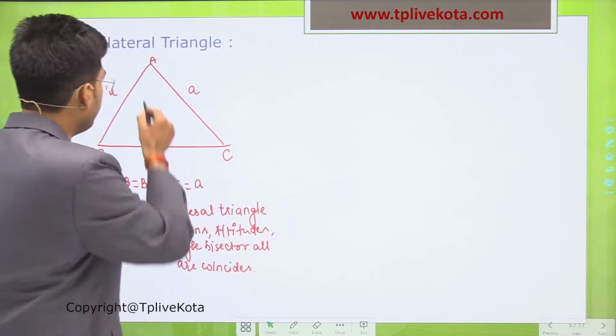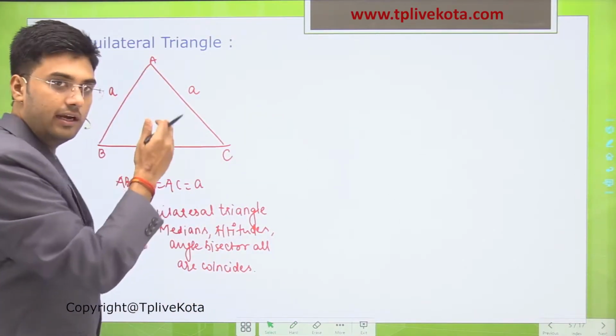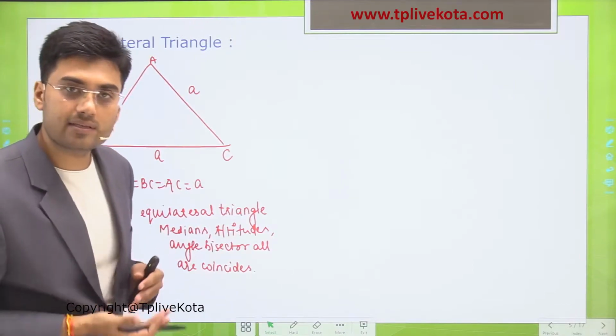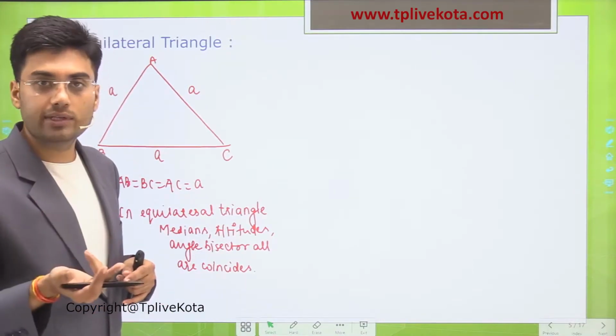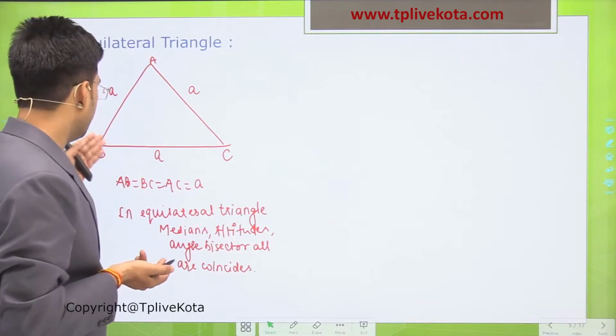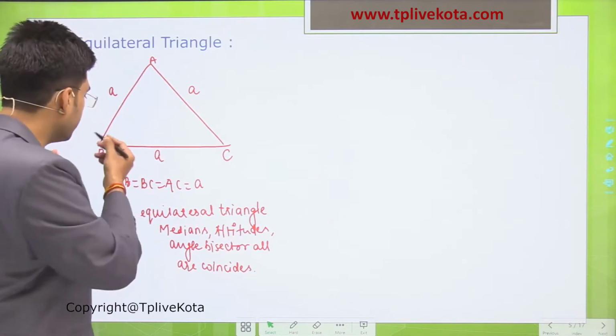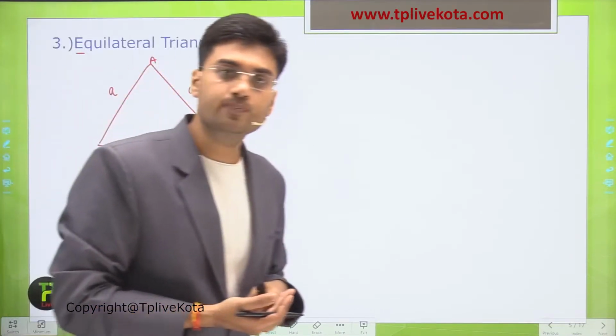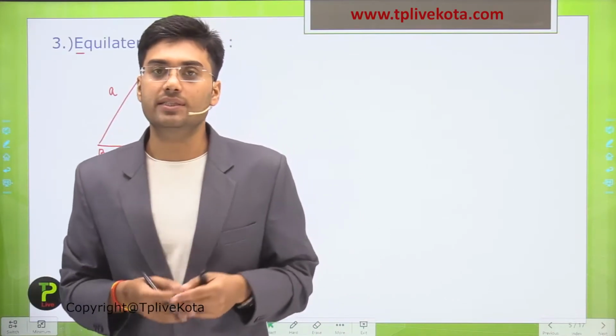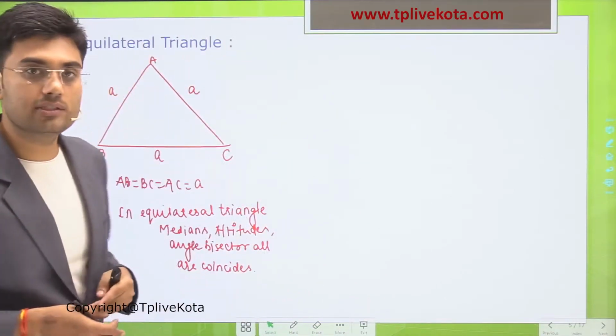If we draw the median from A, the altitude from A, or the angle bisector from A, they coincide. Similarly, if we draw the median, altitude and angle bisector from B, they also coincide. So we can say that all are on the same line.